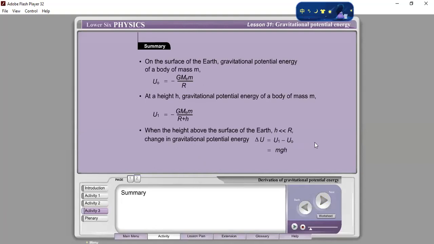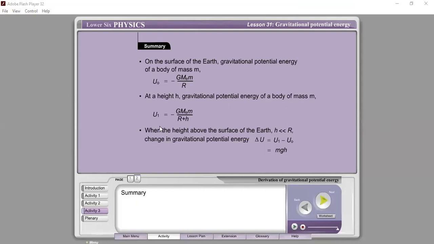Summary. On the surface of the Earth, the gravitational potential energy of a body of mass m, U0, equals minus G M_E m over R. At a height h, the gravitational potential energy of a body of mass m, U1, equals negative G M_E m over R plus h. When the height above the surface of the Earth, h, is very much less than R, the change in gravitational potential energy, delta U, equals U1 minus U0, which equals mgh.